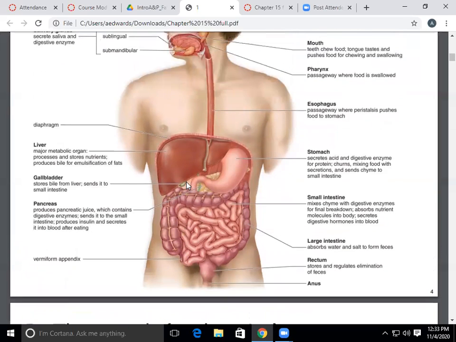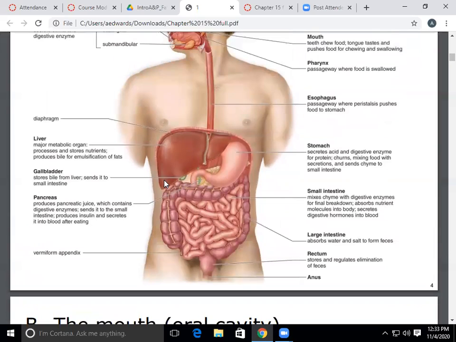Okay, other accessory structures include the liver, and helps with metabolism, processes and stores some of your nutrients.